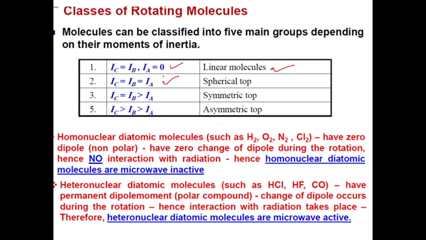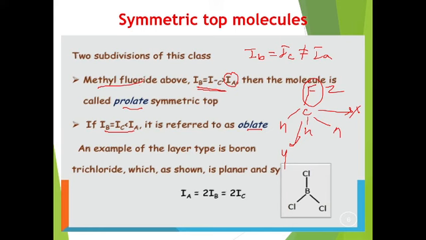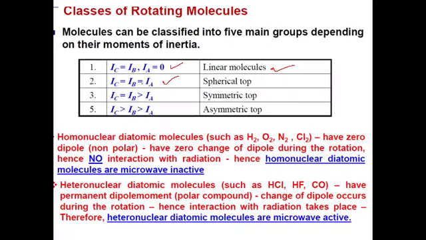If IC is equal to IB which is greater than IA, that is called a prolate, as we already discussed, and whenever it is smaller than IA, that is called an oblate. Then asymmetric top, that means IC is greater than IB is greater than IA, or all of these are not equal to each other.